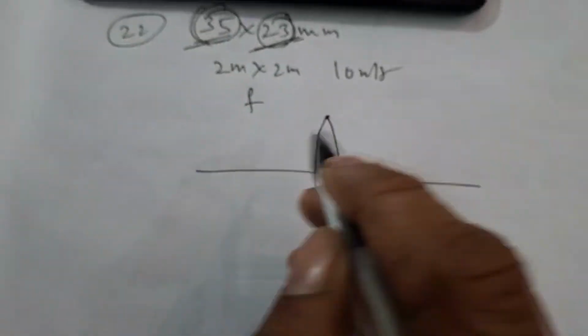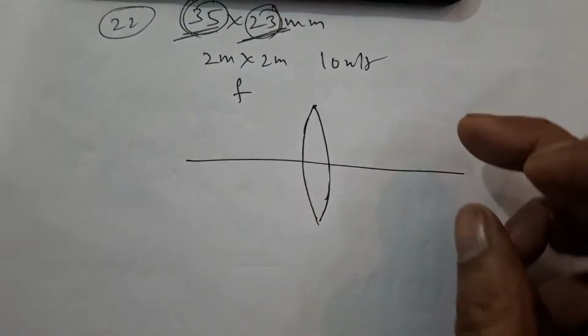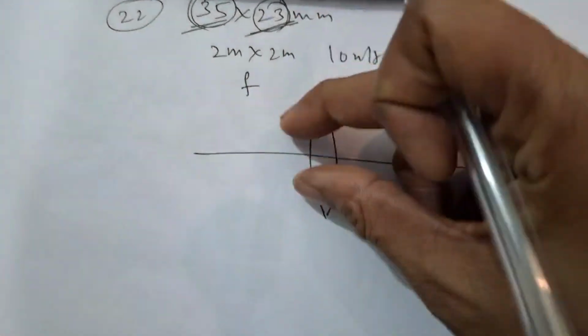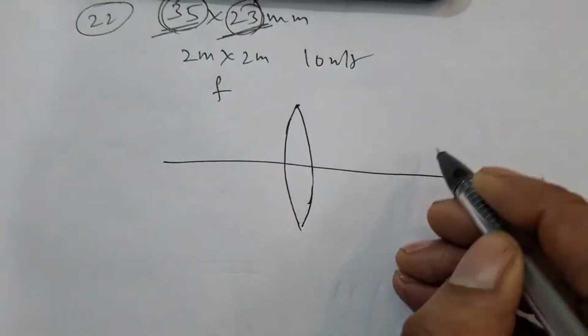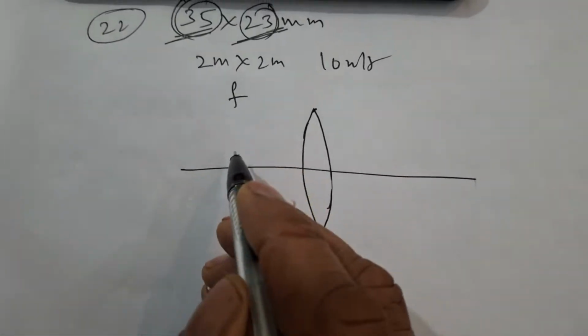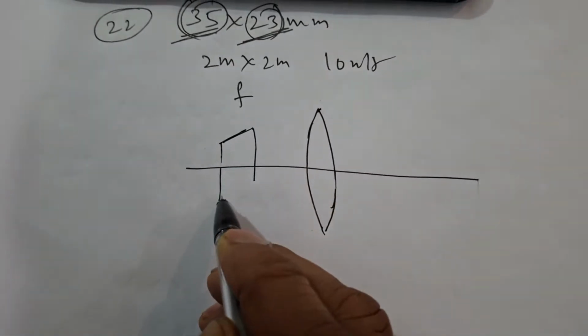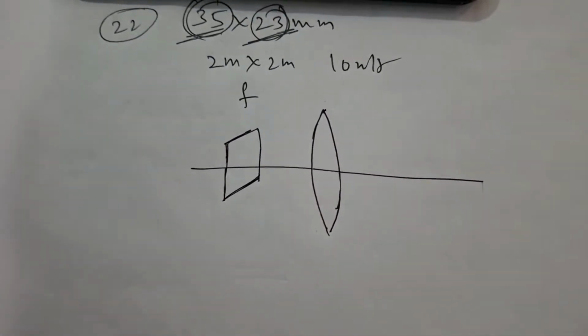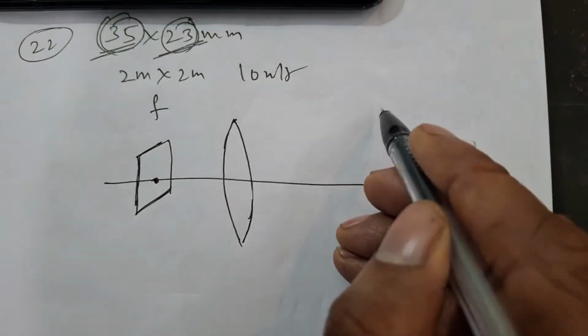Suppose you put a mobile here, then you will find the image on the screen, and if you put light, you will find the image on the screen. Suppose this is the dimension of the projector. This is the object, and you are getting the image like this.